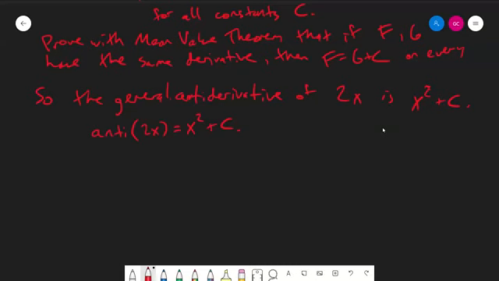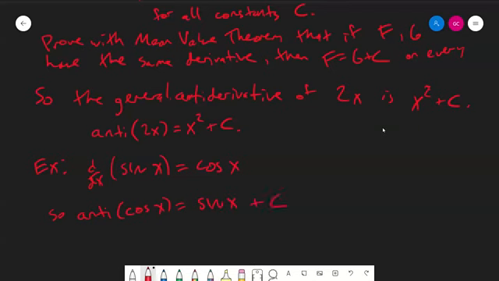Let me just run through a few quick examples here. Basically the idea for starters is that you make up an antiderivative formula by taking a derivative formula and turning it backwards. So for example, the derivative of sine of x is cosine of x, which means that the general antiderivative of cosine of x is sine of x plus c.